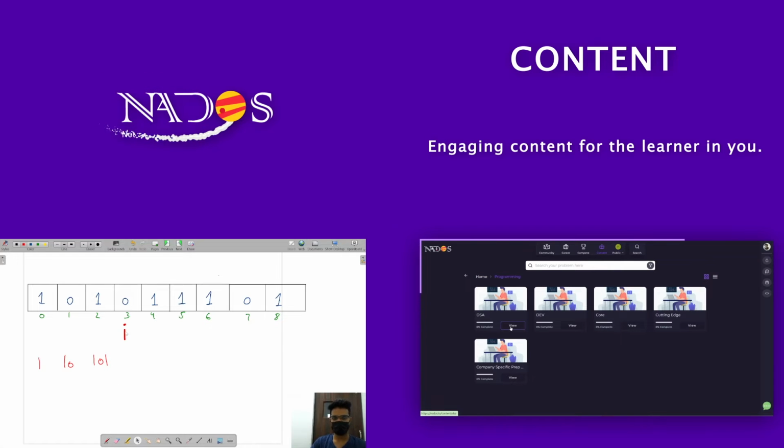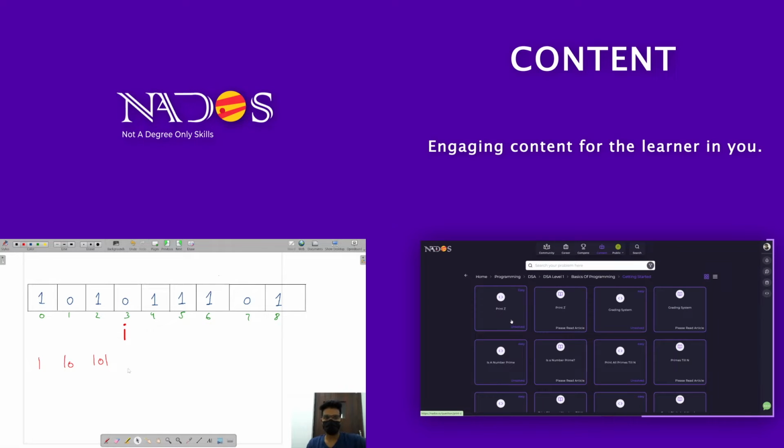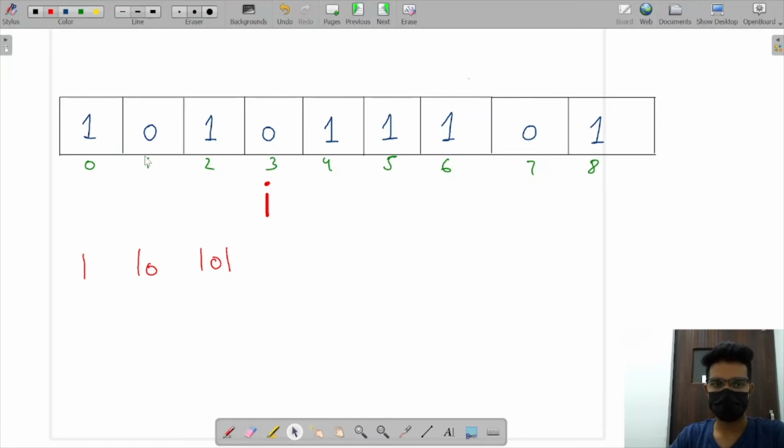Now if your i is here, then you can't include this 0 because you are only allowed to flip one 0 and make it 1, right? So if you want to include this, you've got to exclude the previous 0, right? So that's our task, how will we exclude the previous 0? If you want to include it, we've got to exclude the previous 0. So let's see how we will achieve it.